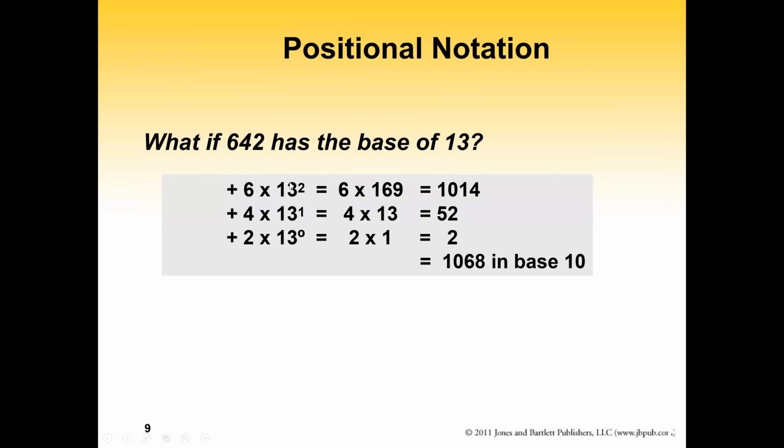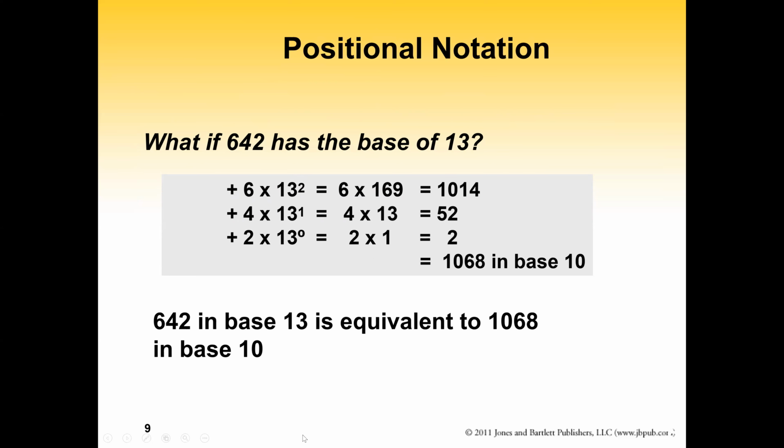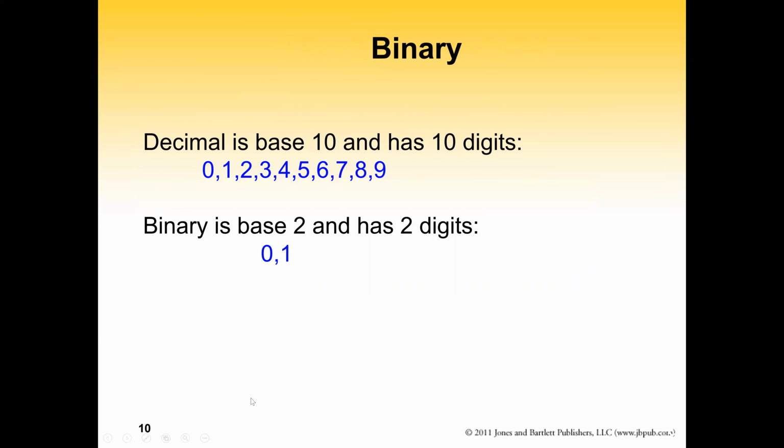Base 10 means this will be 10. And actually base 10 will give us the 642. So that's why we say 642 in base 13 is equivalent to 1068 in base 10. That's in base 13. We are converting it to decimal.